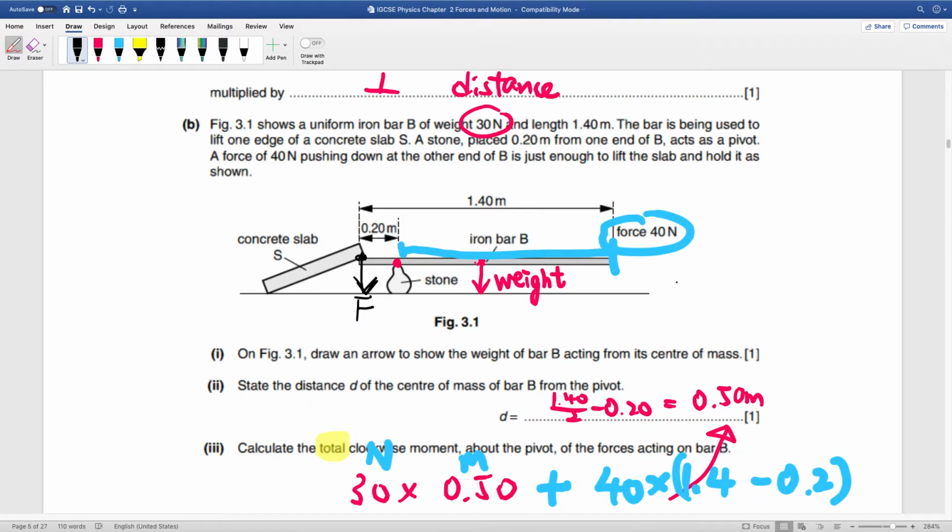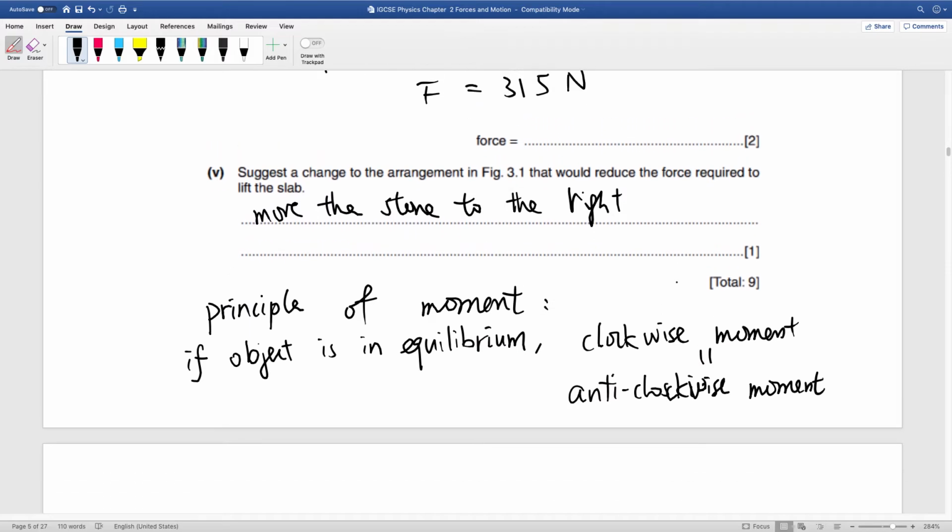You can't reduce the weight of the iron bar, but you can remove the 40 Newton force. If you do not exert the 40 Newton force, then the clockwise moment will decrease. So you just remove the 40 Newton force. Either one.